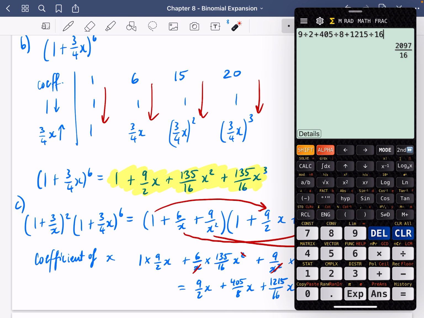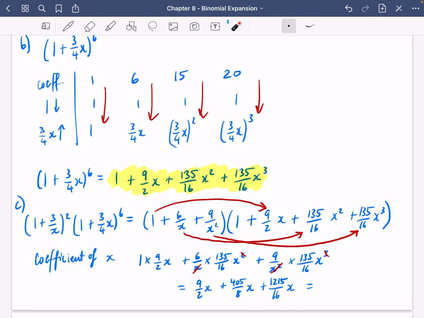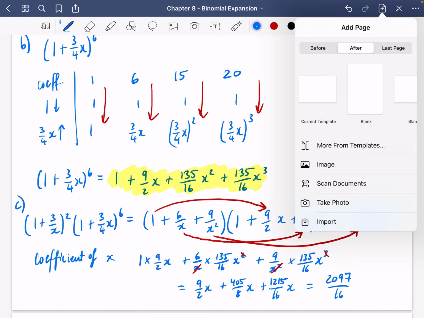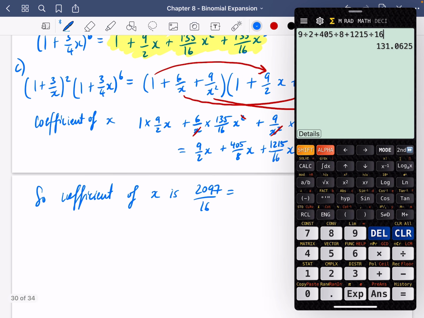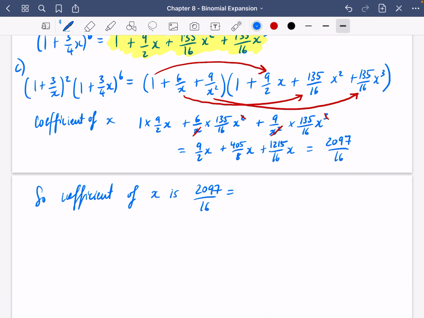And we get 2097 over 16, which I'm just going to write as a fraction. 2097 over 16. Let's just quickly add in a page so that I'm not going to show you the mark scheme. So the coefficient of x is 2097 over 16. And if you want that as a decimal, 131.0625.